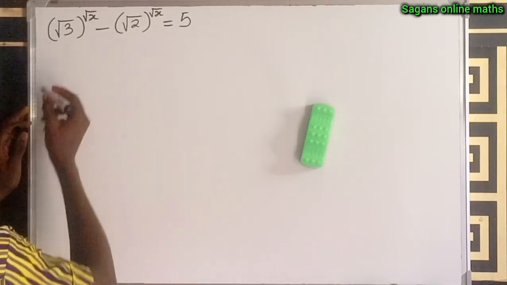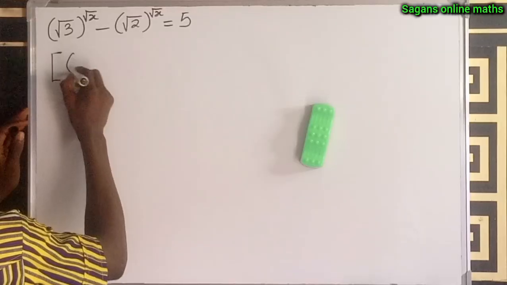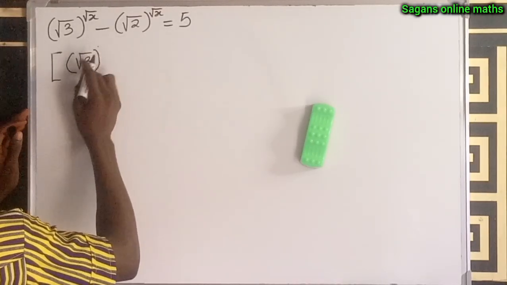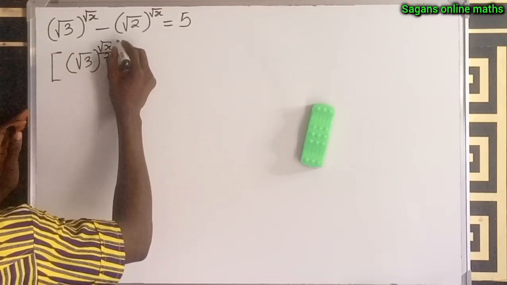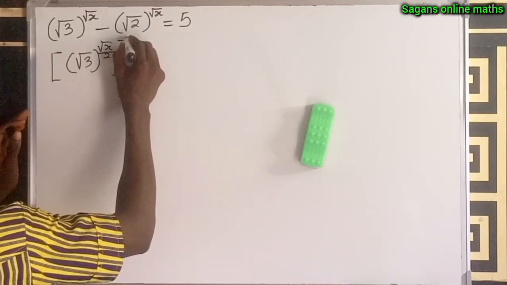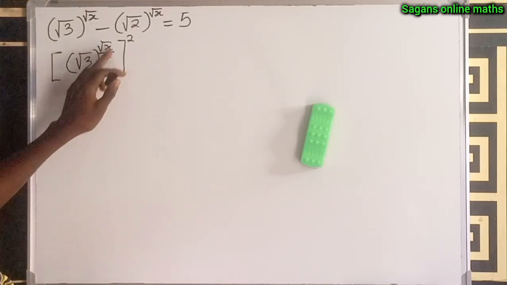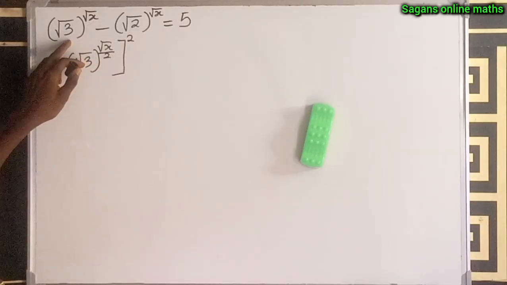Now do you know that I can put this in brackets, then root 3, all to the power of root 3 to the power root x divided by 2, all to the power of 2, because root 3 to the power of root x divided by 2, all to the power of 2 is the same as this, because 2 will cancel out 2, we are left with the same thing, nothing changed.